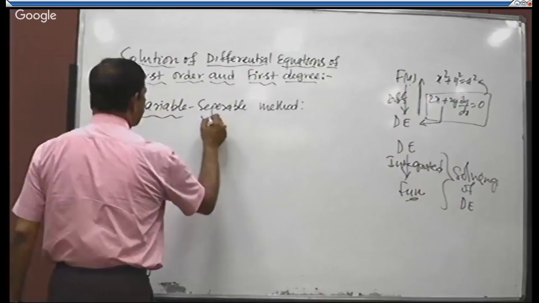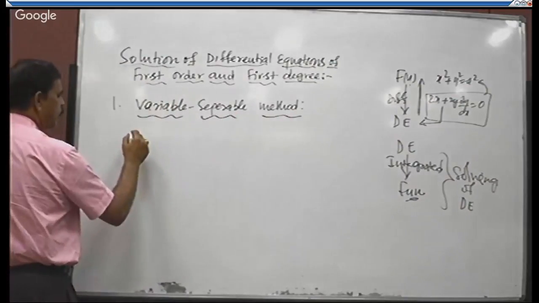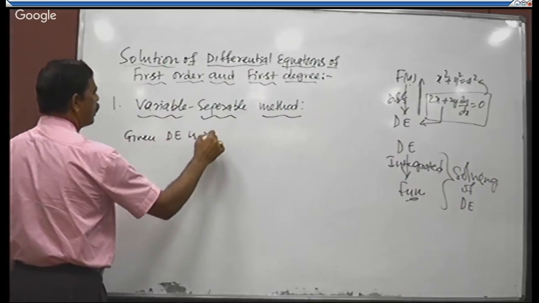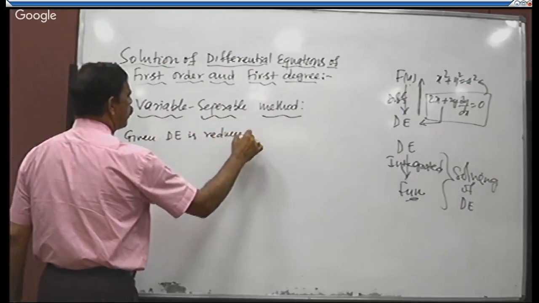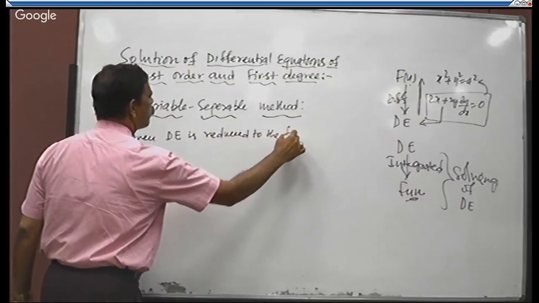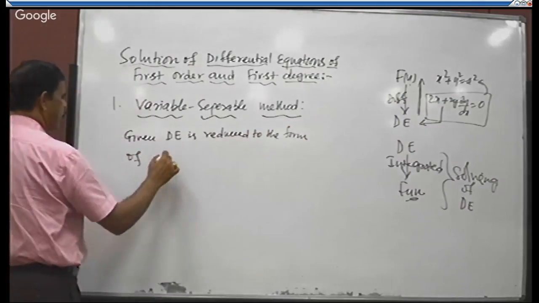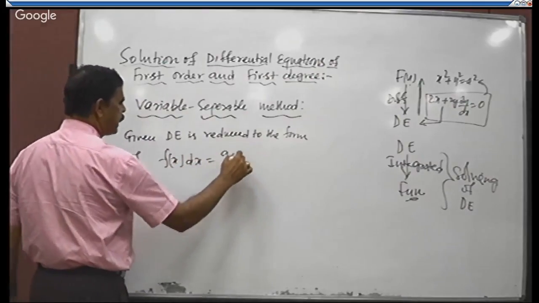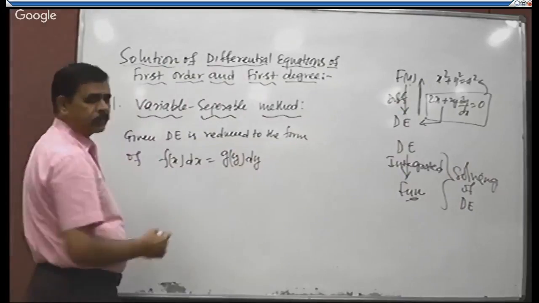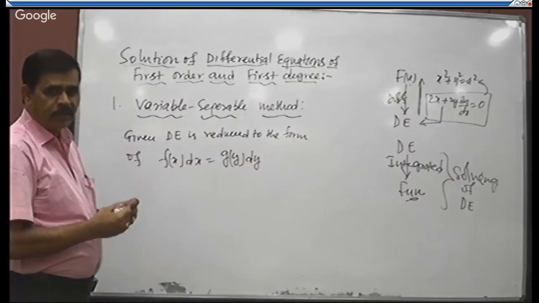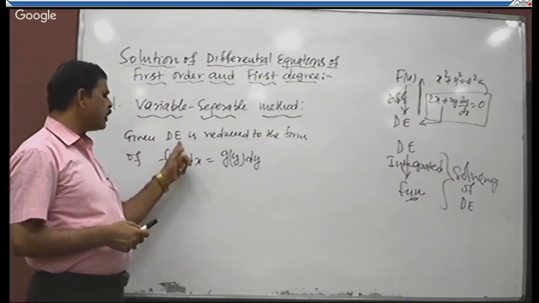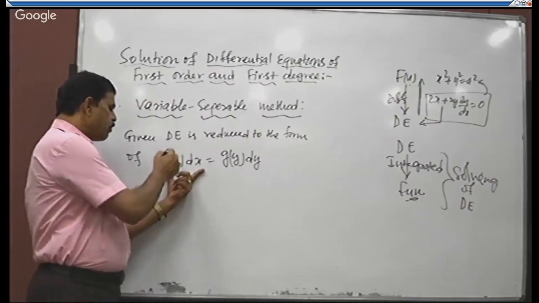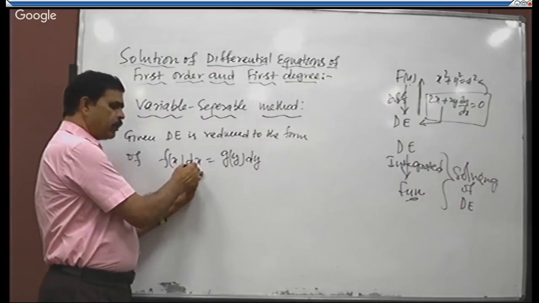In the variable separable method, the given differential equation is reduced to the form of f of x dx is equal to g of y dy. See, after taking certain procedure, the given differential equation should be reduced to this form. What is this form? All x terms are collected along with dx.